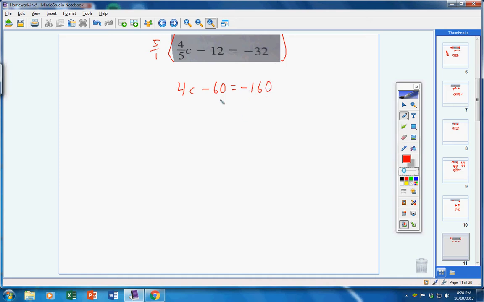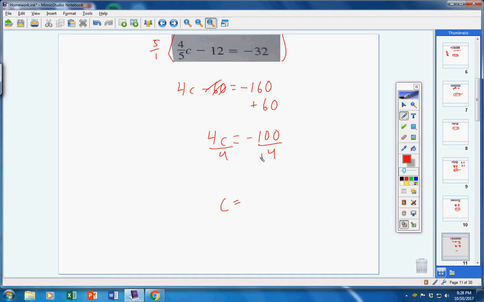Next, constant terms on one side, variable terms on the other side. Bring your 60 over, make it positive, and you're left with 4c equals negative 100. Get rid of your coefficient.